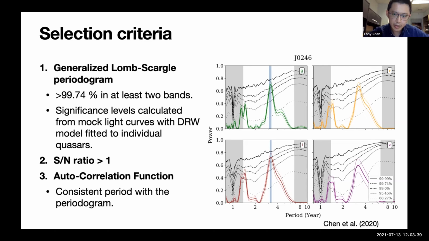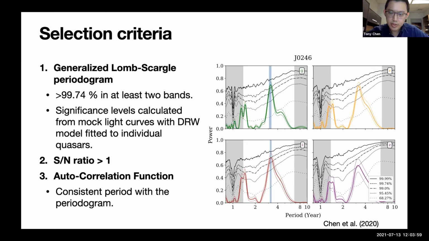So we compare our quasars with mock quasars fitted using the DRW models. The DRW model is a good model for the quasar's variability.